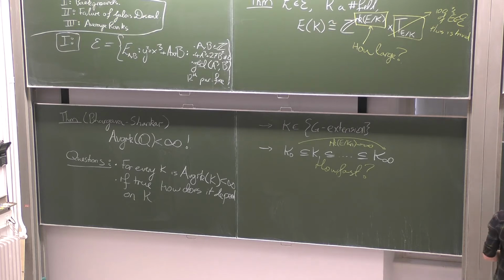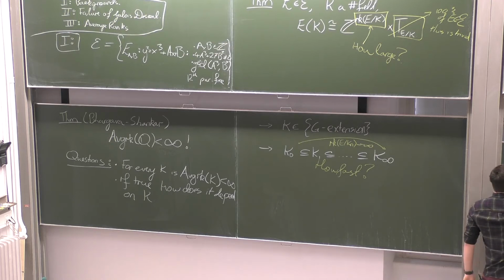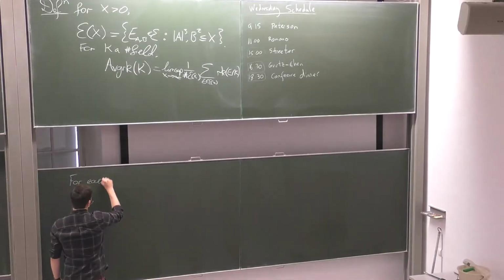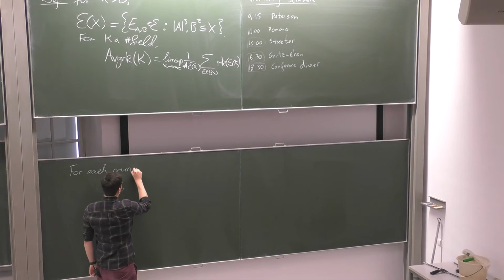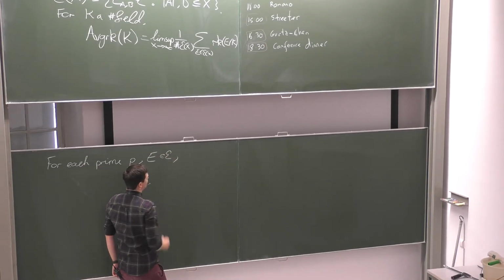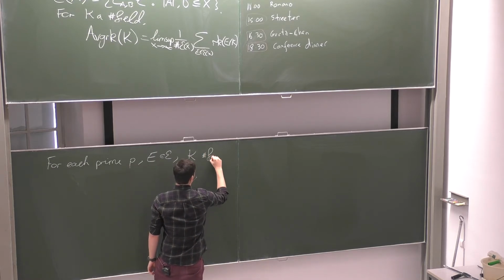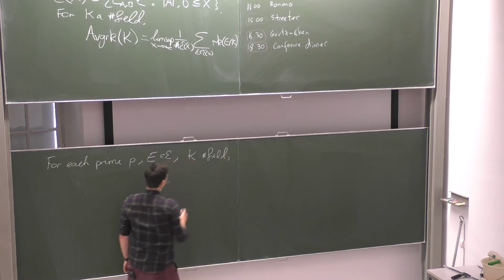So instead of asking the Mordell-Weil group, we ask a much more accessible group. So for each prime number p, each curve E, and each number field K, we have the p-Selmer group.